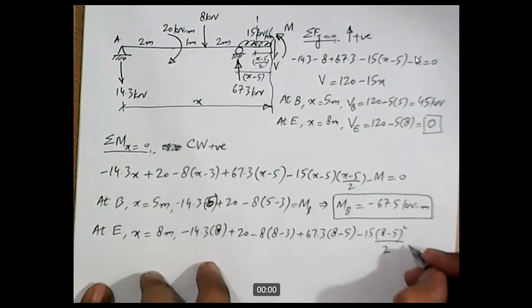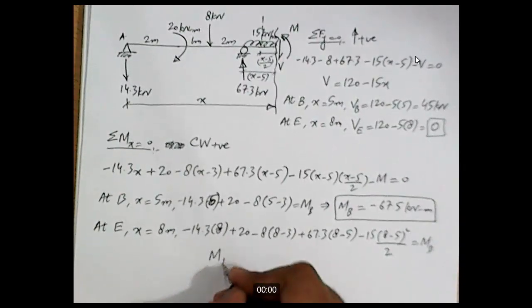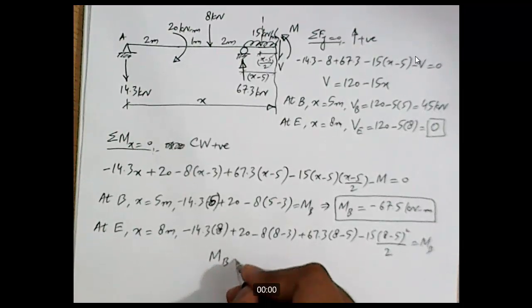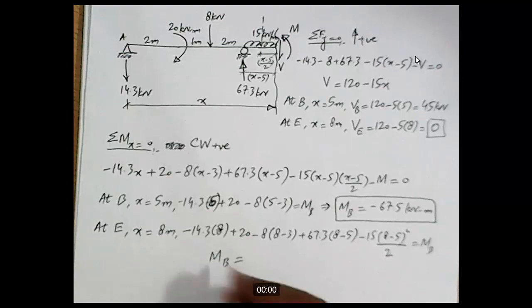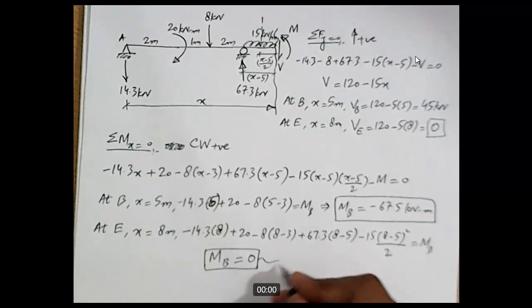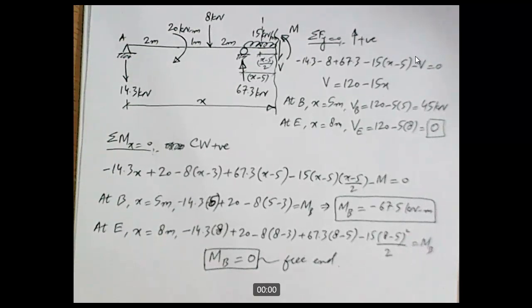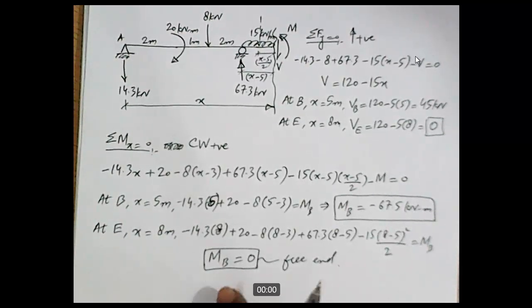And we have then ME, equal to ME. If you solve all these terms, you will get ME equal to 0, and this is totally logical because it's a free end and we do not have any applied moment at this point, so ME equal to 0 is totally fine. This completes our calculations about shear force and bending moment for all the 4 segments.